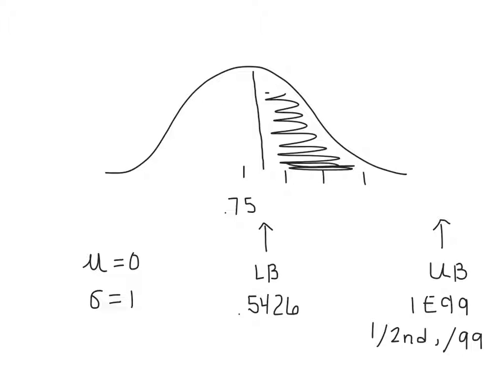So normal CDF from 0.5426 to 1E99, again that's 1 second comma 99, with a mean of 0 and a standard deviation of 1, gives us a probability equal to, and that would be this tail area, 0.2937.